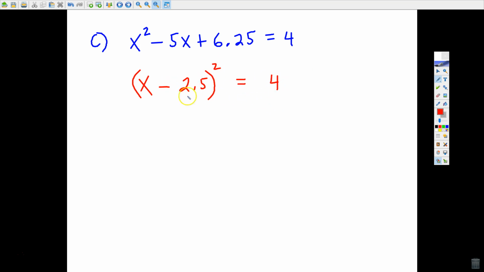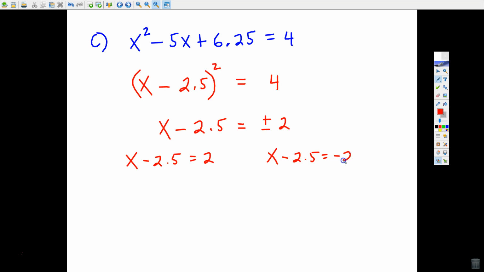Okay, so to solve for x, I'm just going to do the square root of both sides. And the square root of 4, of course, is 2 plus minus. And now I just treat this like it's two separate equations. I'm going to solve x minus 2.5 is equal to positive 2, and x minus 2.5 is equal to negative 2.